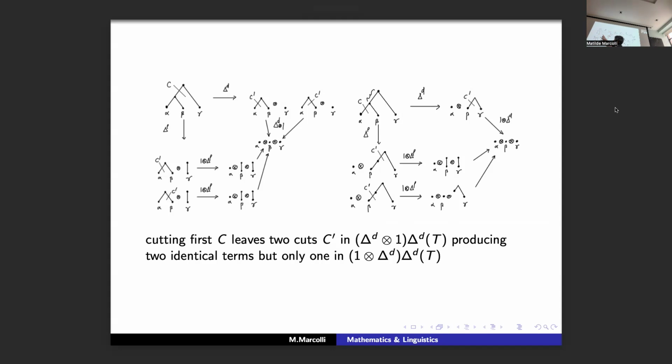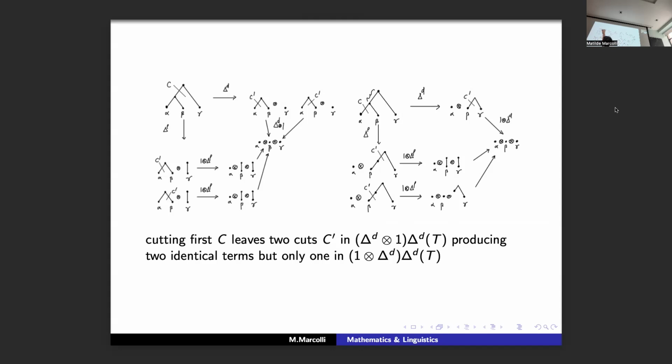So if I perform this cut first, this part falls off. This is the part that falls off, right? The one that is on the left side of the coproduct.